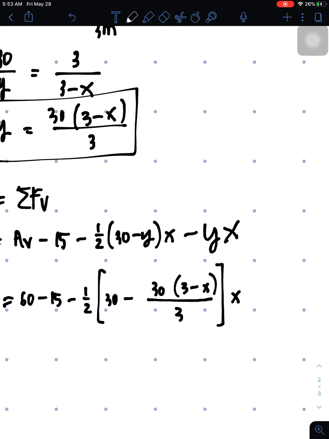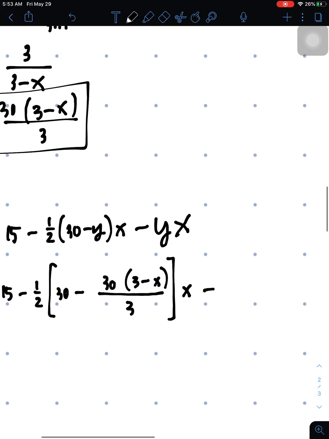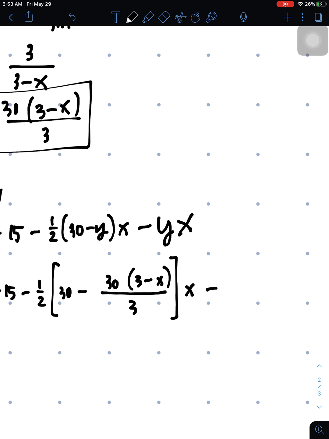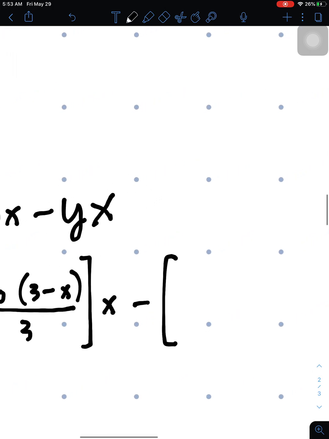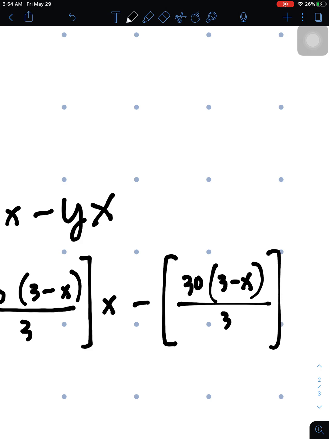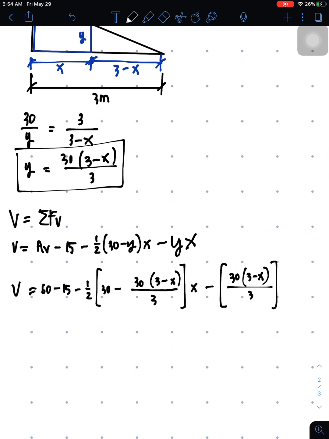And then you multiply it with x. Then minus, you copy the same value of y, so that's 30 times 3 minus x over 3. This is the value of y. And then you multiply it with x. Alright. This is our shear equation.